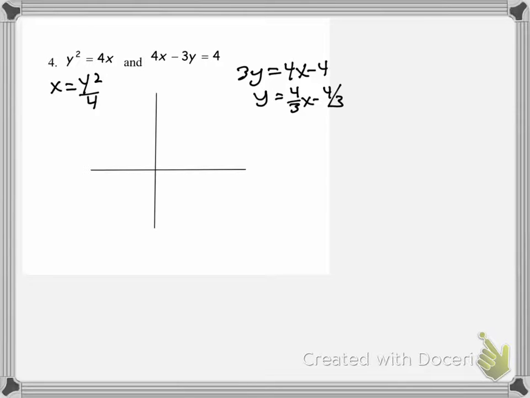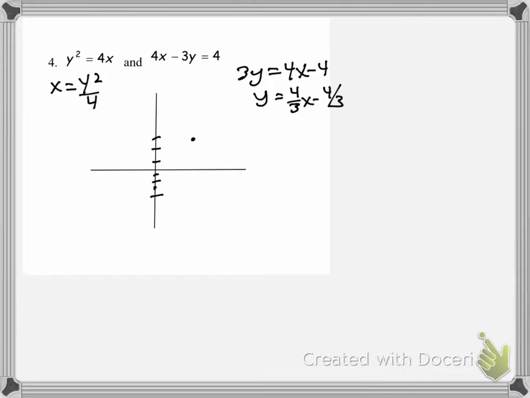All right, and so let's see. If I start at negative 4/3, so negative 1 1/3 there, and go up 4 and over 3, so going up by 1/3 would be 1, 2, 3, 4, about over there.